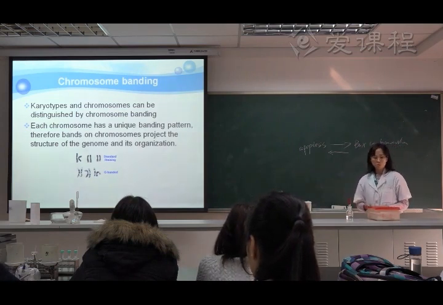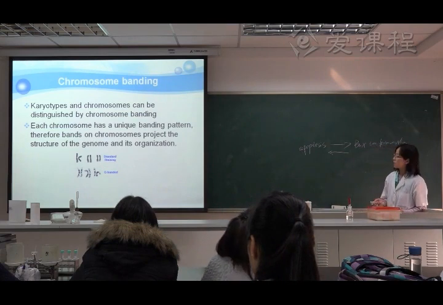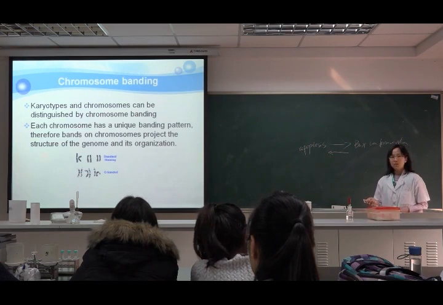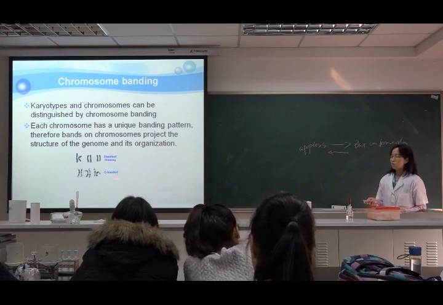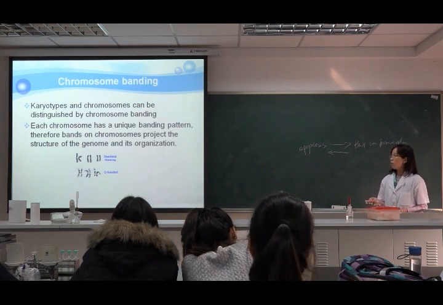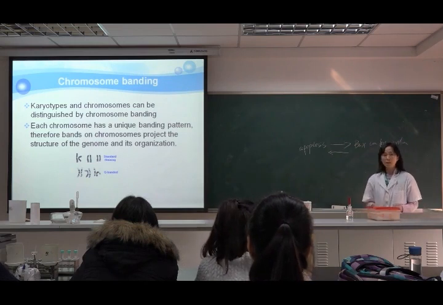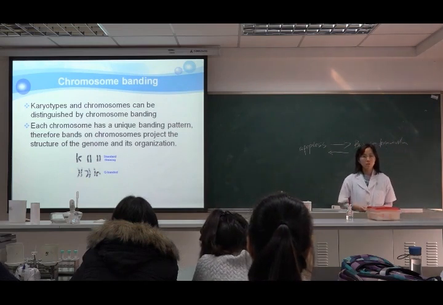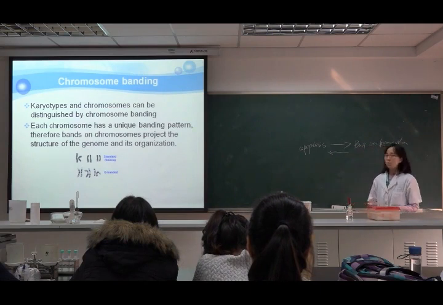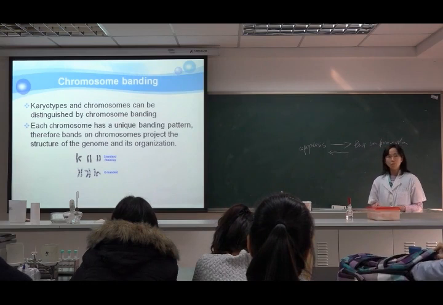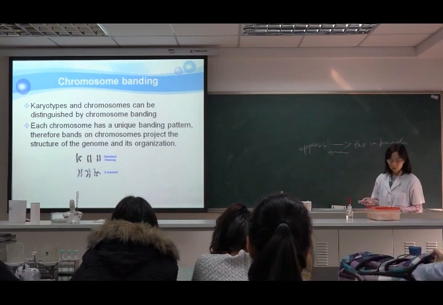Each chromosome has a unique banding pattern. That means the first chromosome in human beings, in person A or person B, has the same band pattern. So we can distinguish the chromosomes, and we can know which one is abnormal and which one is normal.